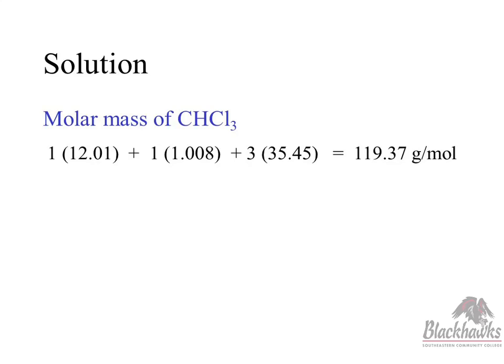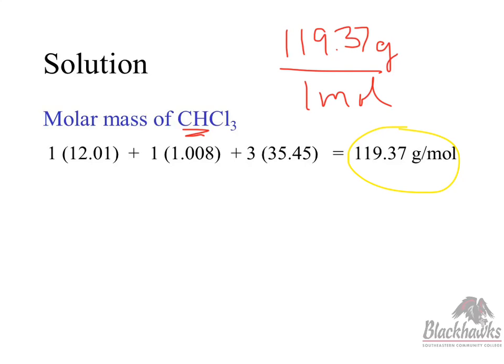This is like what we did on Monday. Okay. So I'm going to go ahead and unpack up in that corner there what this means. Okay, what 119.37 grams per mole means is that just for this compound, there are 119.37 grams of CHCl3 per 1 mole of that compound.